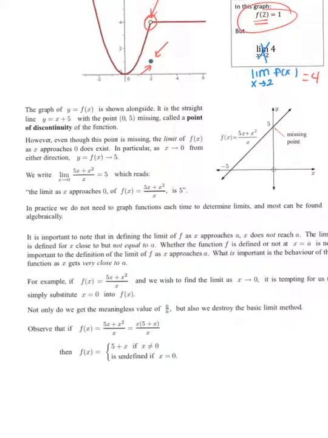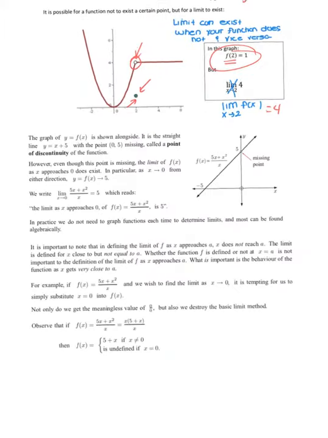So, in practice, we do not need to graph the functions each time to determine the limits, and most can be found algebraically with just directly plugging it in. It is important to note that in defining the limit of f as x approaches a, x does not reach a. It can with a continuous function, right? If it's a parabola, you can just plug it in.